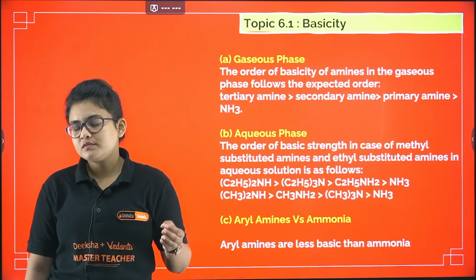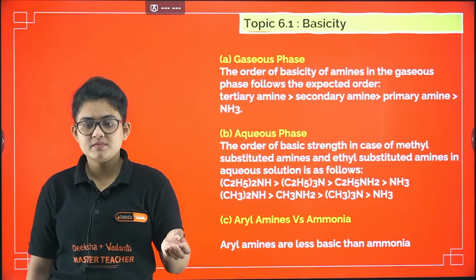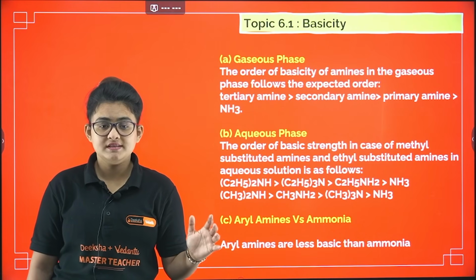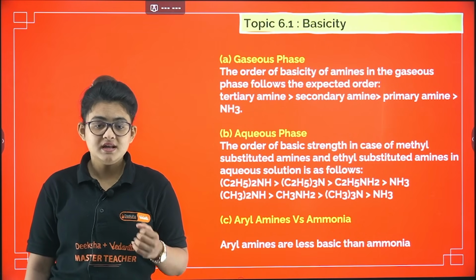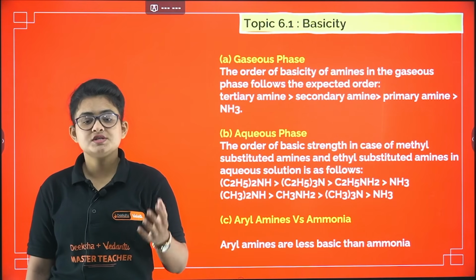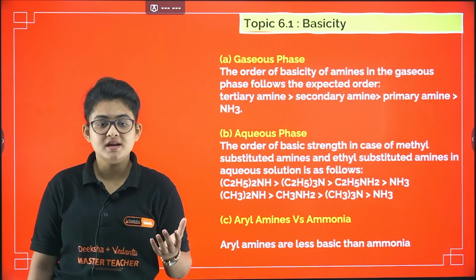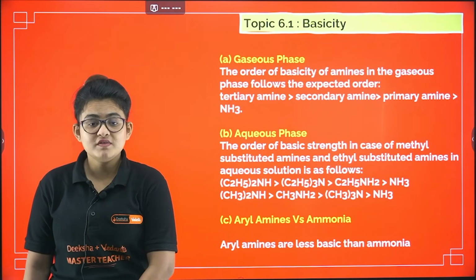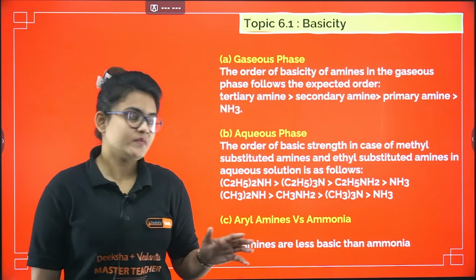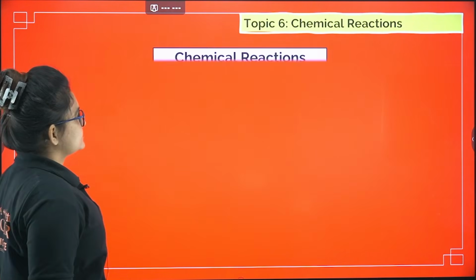Now if you compare aryl amine versus ammonia, then definitely ammonia is more basic than aryl amines, because in aryl amines the lone pair of nitrogen is involved in resonance with the benzene ring. As a result of this, unavailability of the lone pair makes it less basic. Okay, let's proceed.